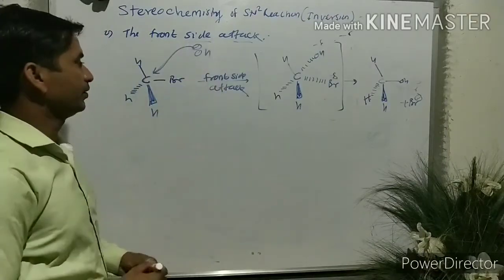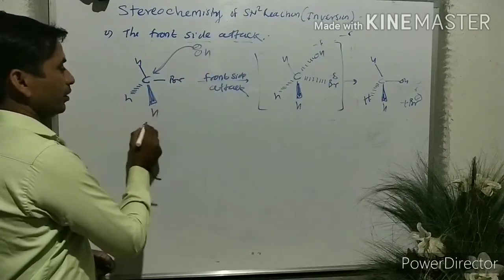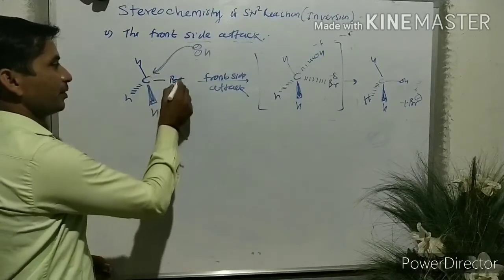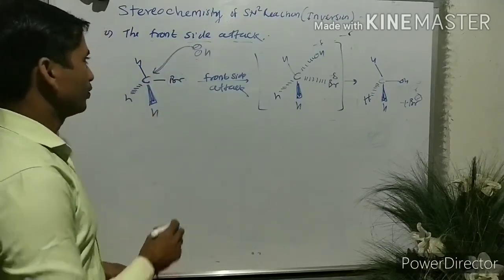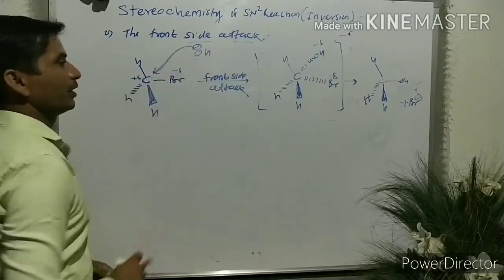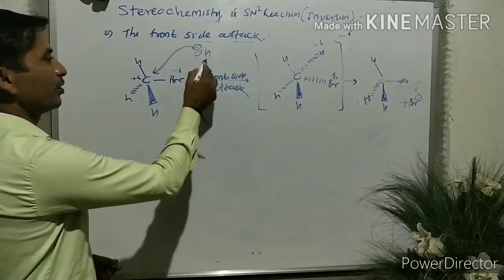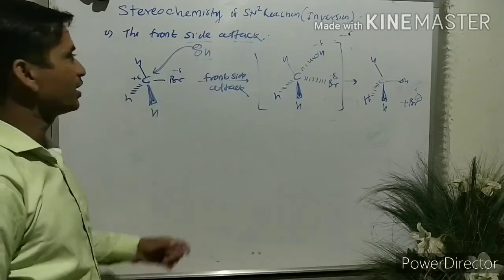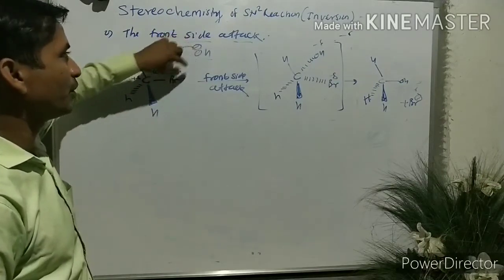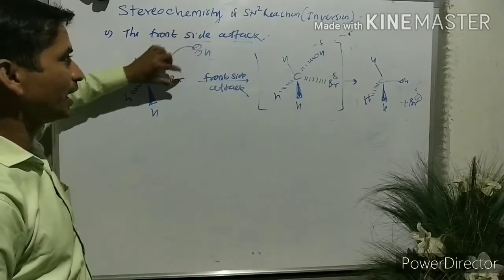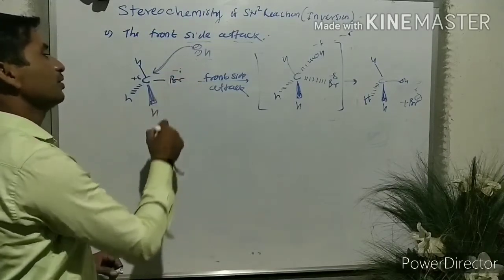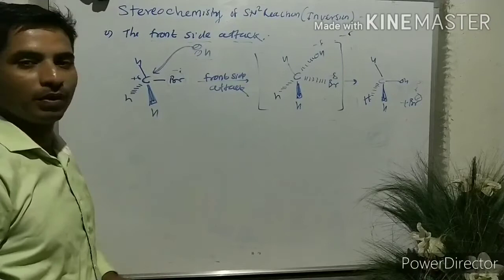The nucleophile approaches the carbon atom from the front side, that is, from the leaving group side. The leaving group has a negative charge, the carbon has a positive charge, and the nucleophile also has a negative charge. Whenever the nucleophile tries to approach this carbon, there is steric repulsion between the nucleophile and the leaving group, because both are negatively charged. There are dipole-dipole interactions or repulsion between them, so this attack is not favorable in this case.